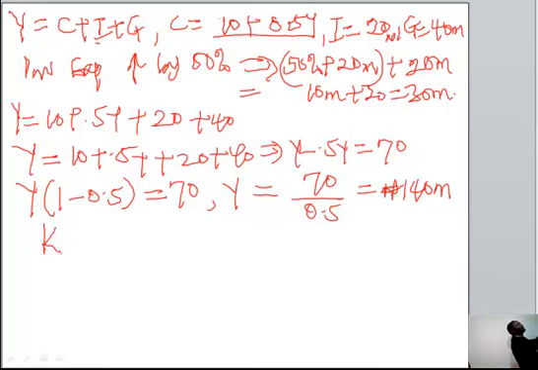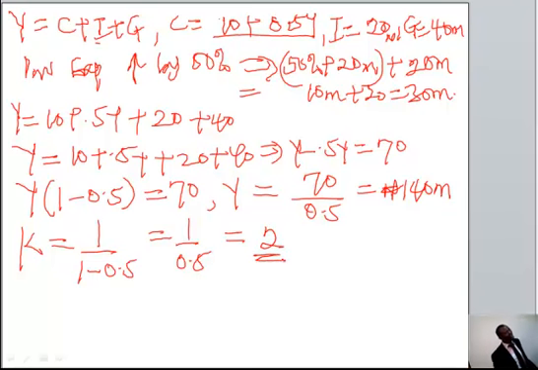The multiplier K equals 1 over the coefficient of the equilibrium income, which is 1 minus 0.5, so 1 over 0.5, which is 2.